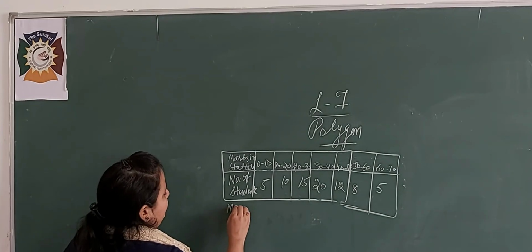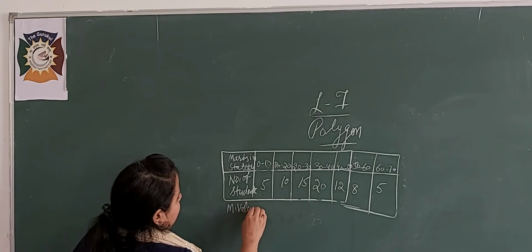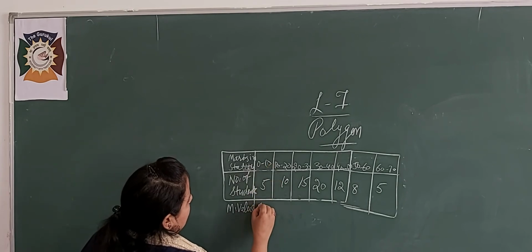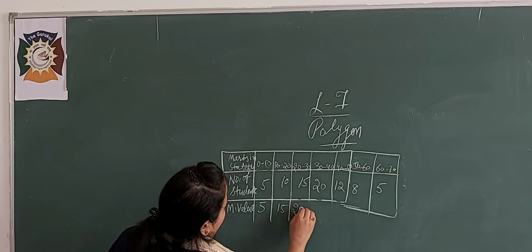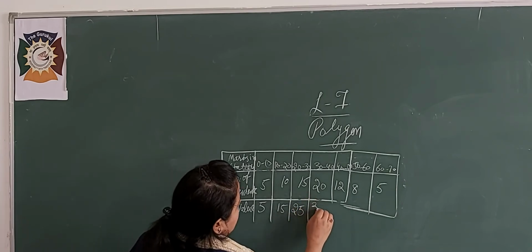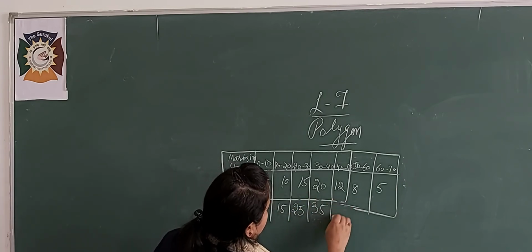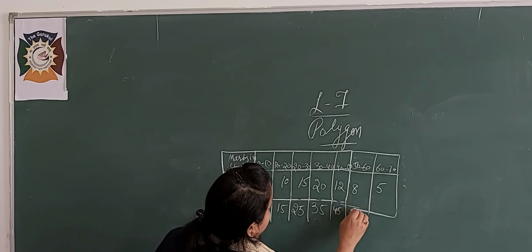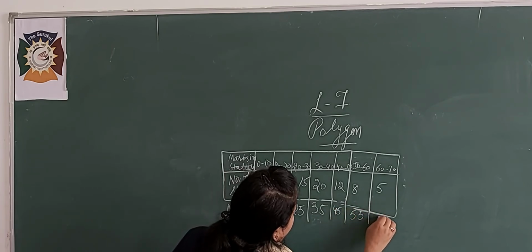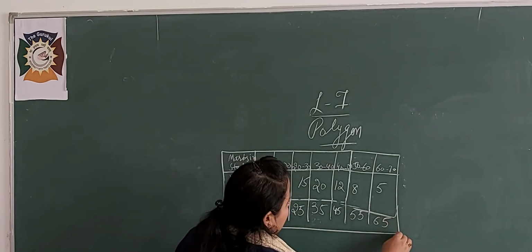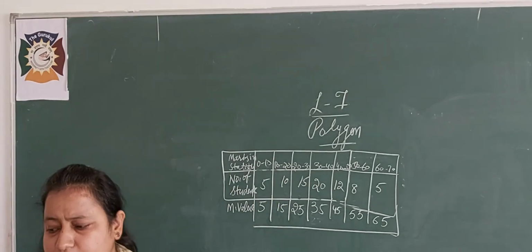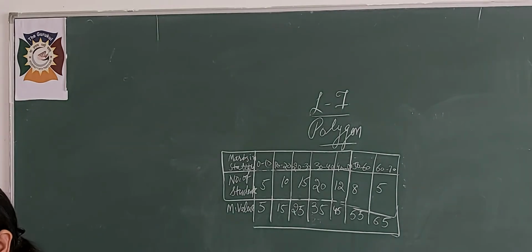I will find the mid values: 5, 15, 25, 35, 45, 55 and 65. I am taking the mid values. After this, I will make it accordingly.